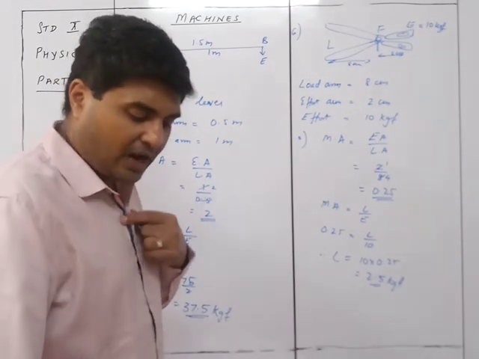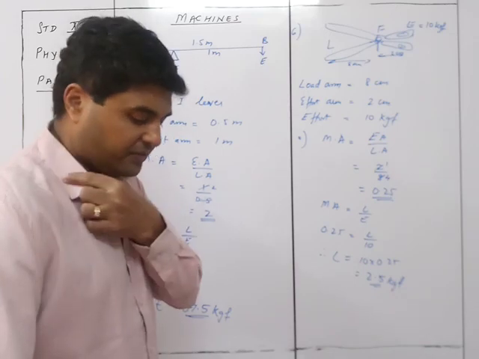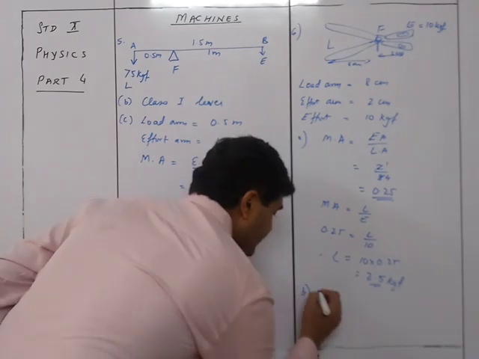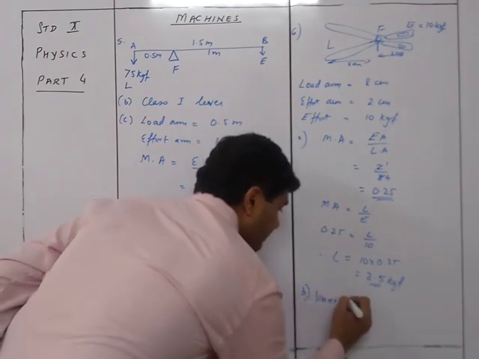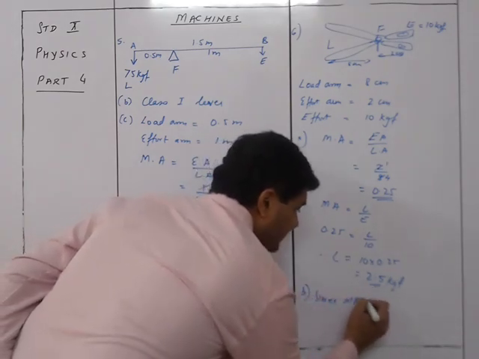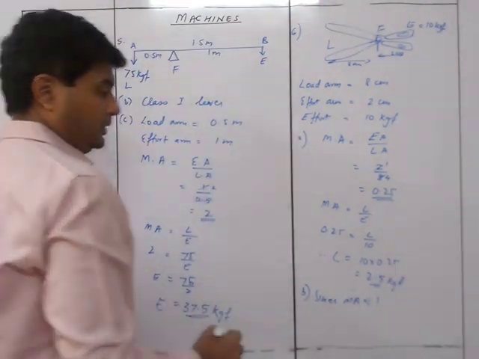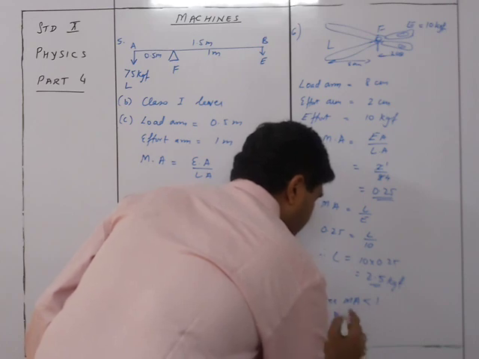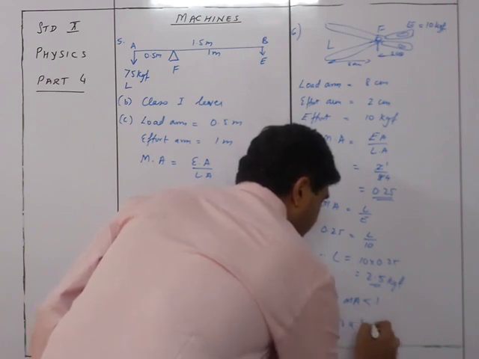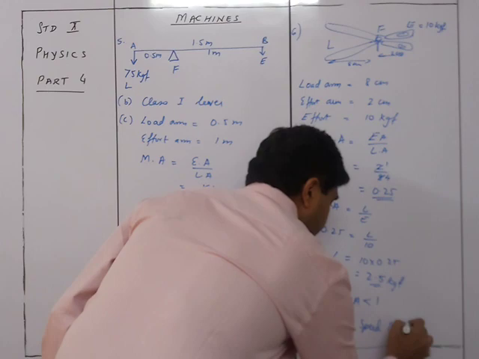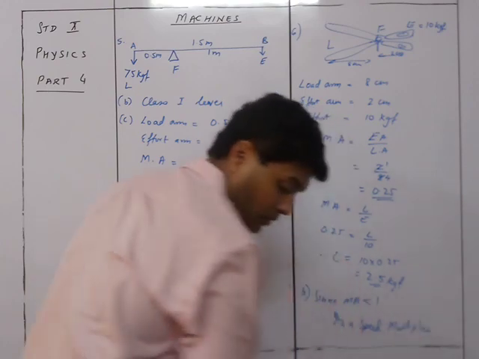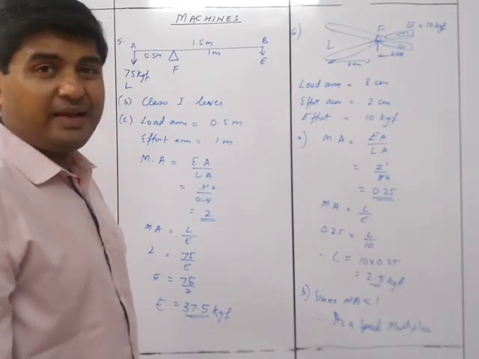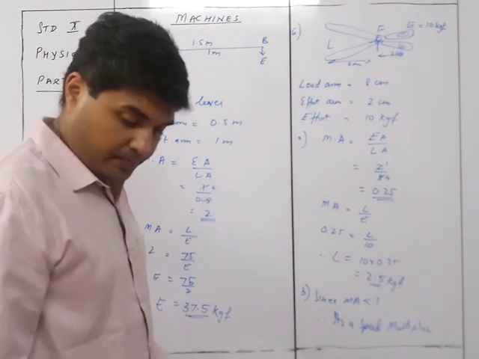The second question is how does the pair of scissors act, as a force multiplier or a speed multiplier? Here we know that since MA is less than 1, it is a speed multiplier. Okay, so it is a speed multiplier because the MA is less than 1.